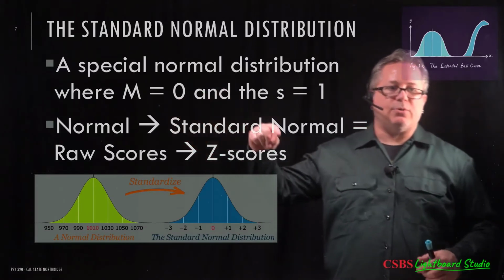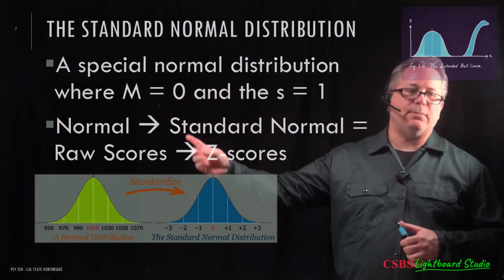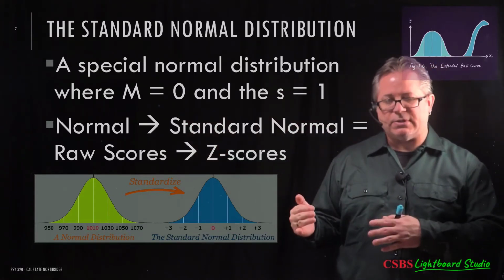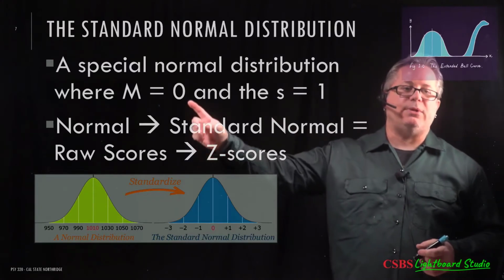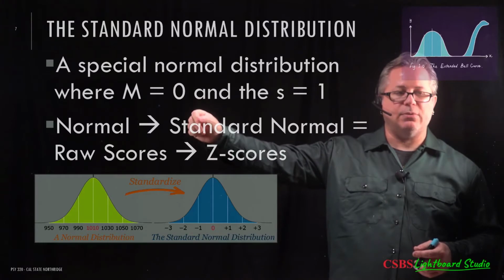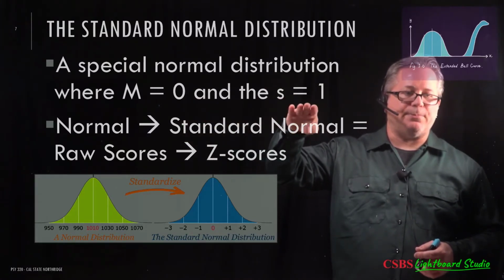So a standard normal distribution is a special version of the normal distribution where the mean is 0, standard deviation is 1. And it's always going to have a mean of 0 and standard deviation of 1 because we centered the data by subtracting the mean from every score, which puts the mean at 0. And then we divided all the scores by the standard deviation to make the standard deviation 1.